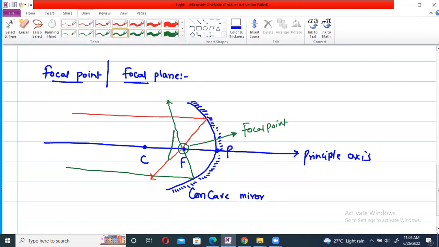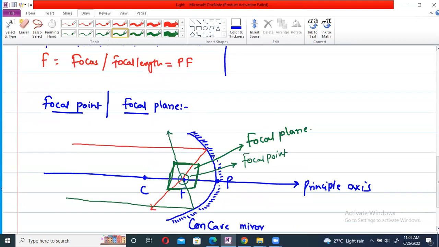And suppose I consider a plane here, and this ray of light passes through the plane, then this plane will be called the focal plane, right? So this is the only term I wanted to discuss with you.